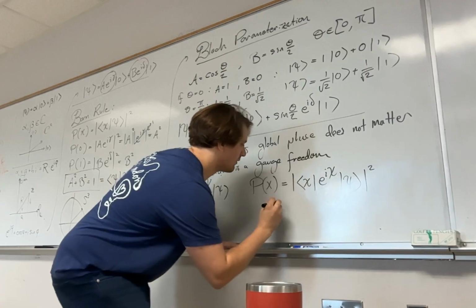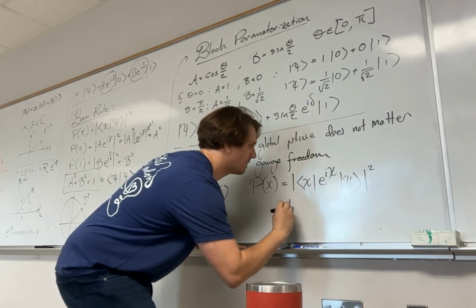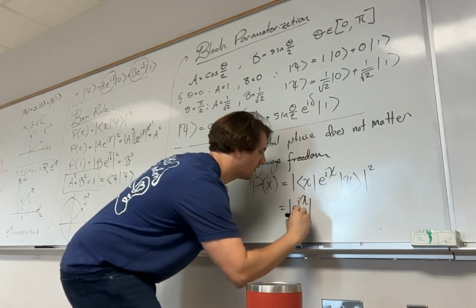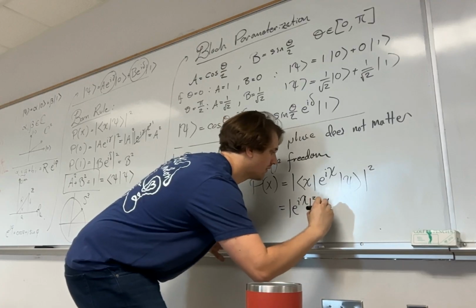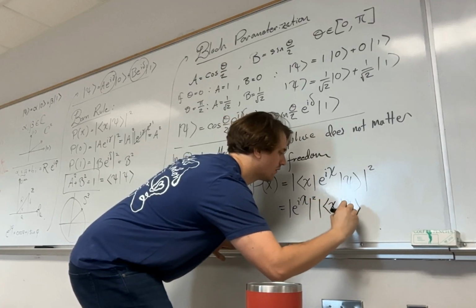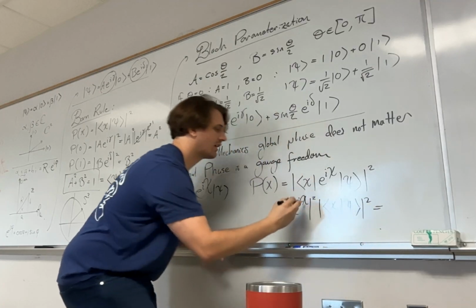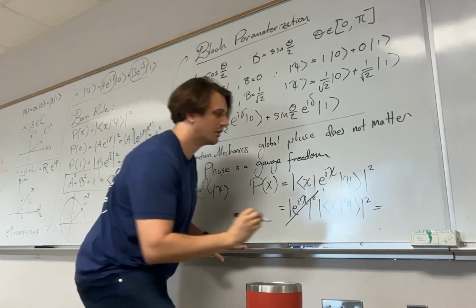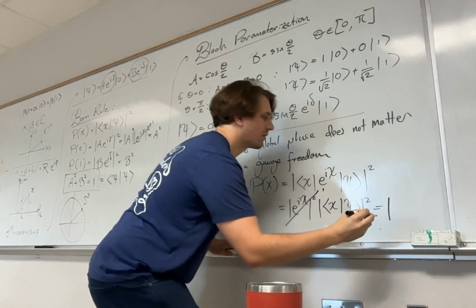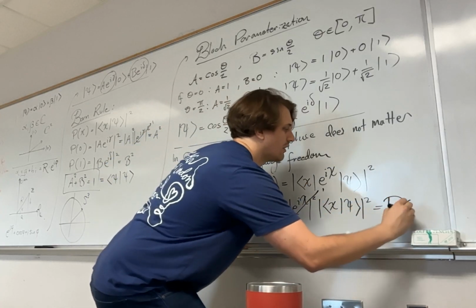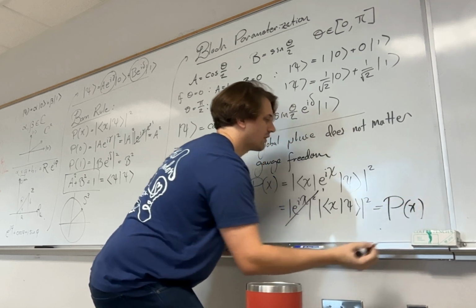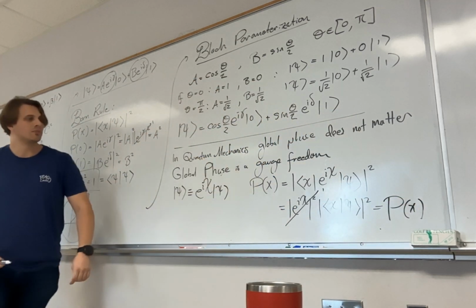And this thing equals e to the i psi squared times x psi. And once again, that is just 1, that's unity. And we are left with the probability of x given this other state.